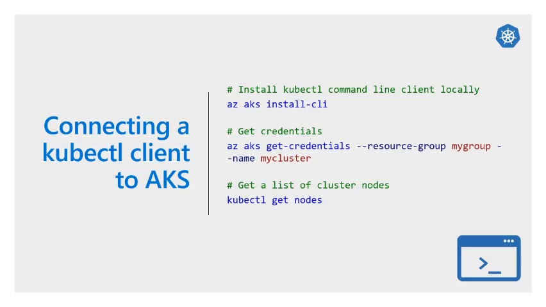The az aks get-credentials command downloads credentials and configures the Kubernetes CLI to use them. So then you don't need to send the credentials every time. Once you run az aks get-credentials, for the next command, to verify the connection to your cluster, you use the kubectl get command to return a list of cluster nodes. It can take a few minutes for the nodes to appear.